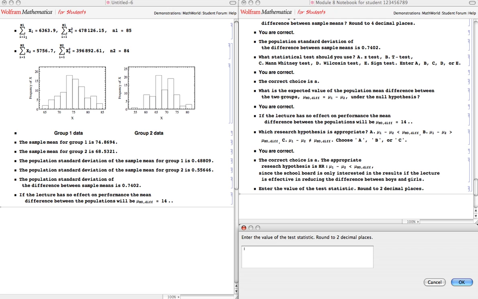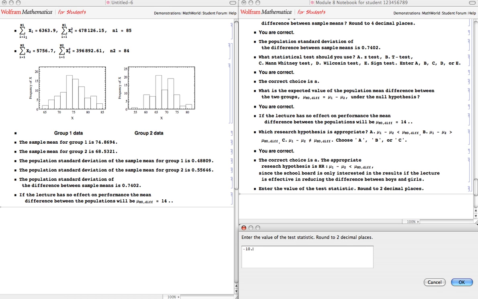And I will subtract from that the difference between the population means, which is 14, and divide by the standard deviation of the difference between sample means, which is 0.7402. Alright, and the value I get is minus 10.35.